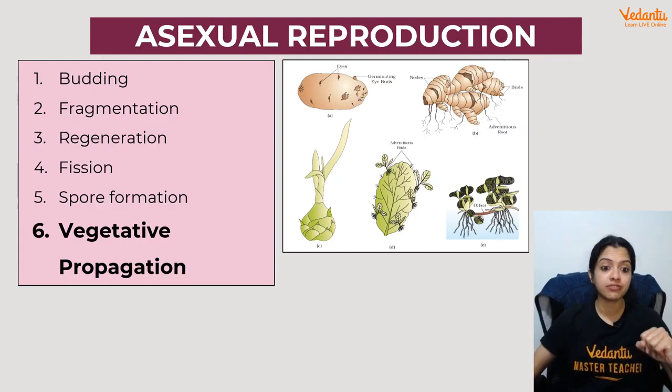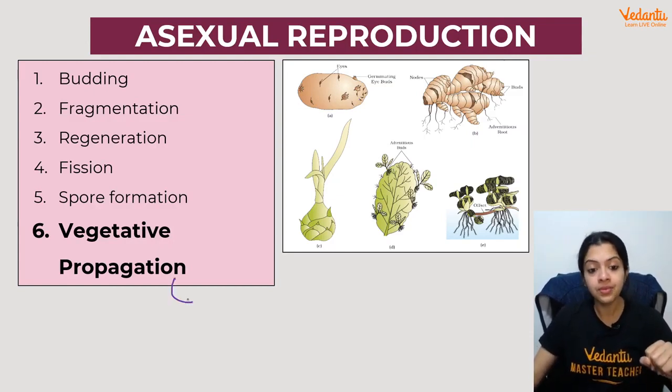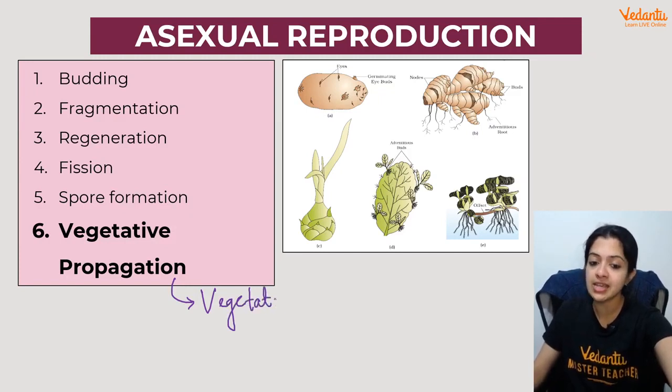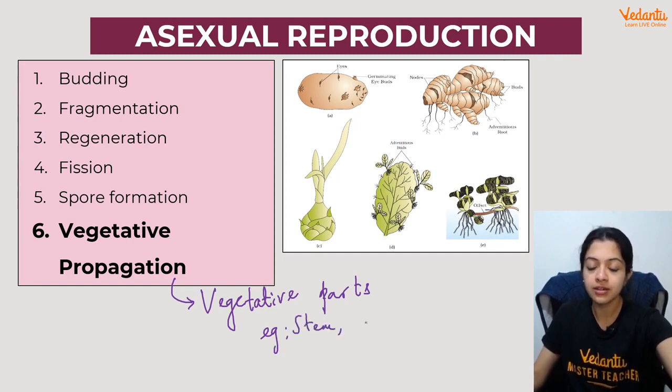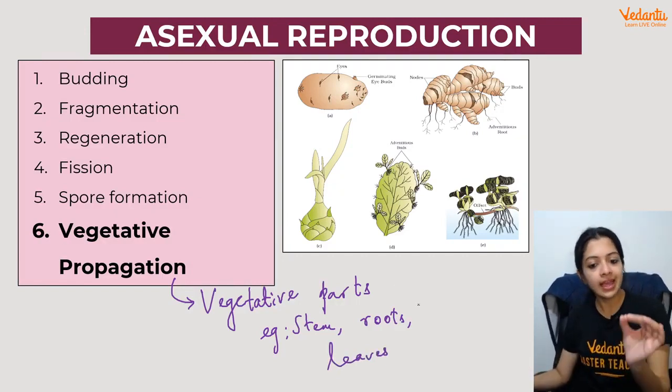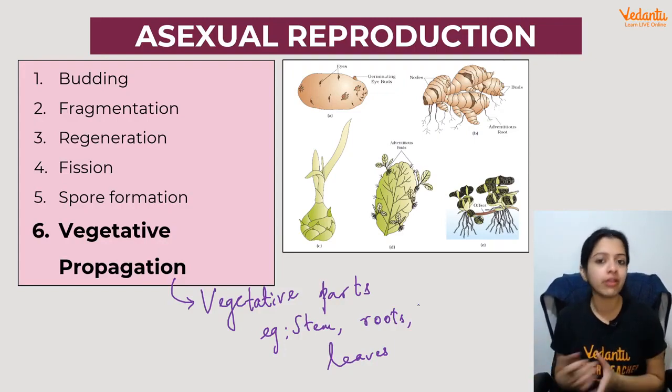Then comes vegetative propagation, wherein the vegetative parts of a plant body, what does that mean? Vegetative parts. What would those be? Like the stem, the roots, and the leaves. These are all examples of vegetative parts of the plant body, which means they are parts which are usually non-reproductive.